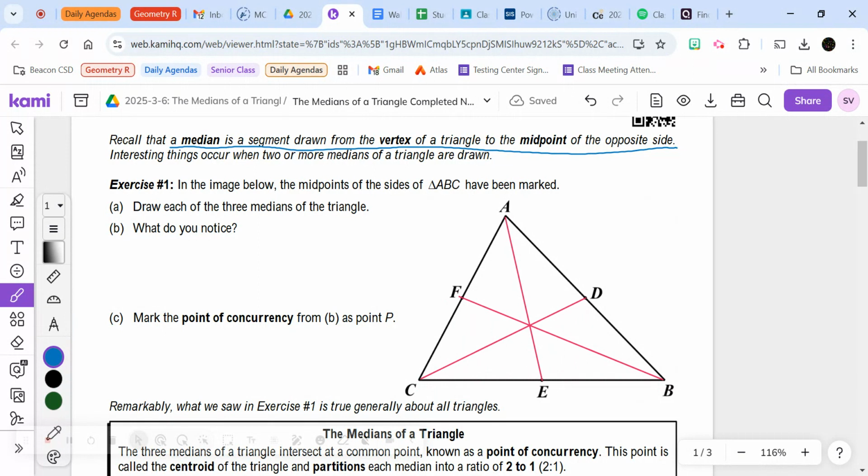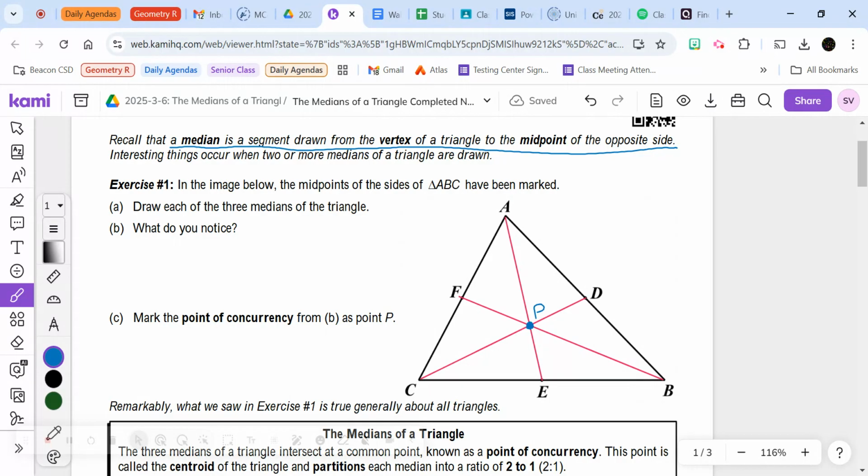Okay, so for part B, it's asking us, what do we notice? What we're going to notice is that all 3 medians intersect at one singular point. That's known as a point of concurrency. So part C is asking us to just label that as P. And what do we notice?